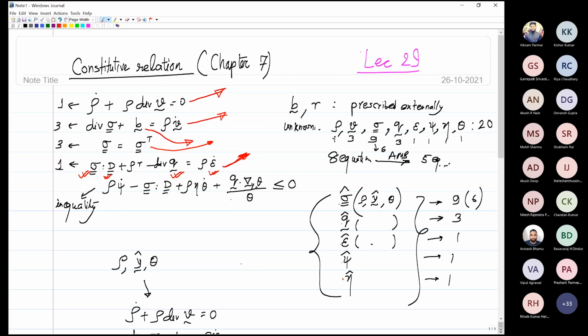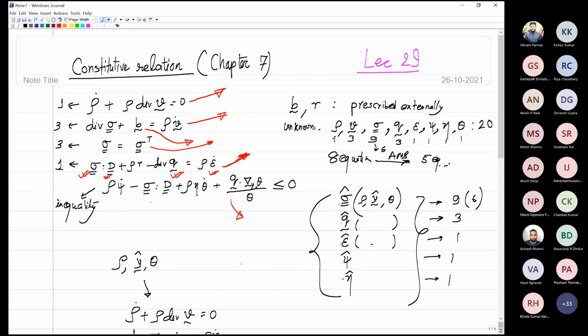And finally, you come to the second law of thermodynamics, this inequality. You have already chosen your sigma, q, epsilon, and then you come to the second law of thermodynamics. Now there is nothing external.